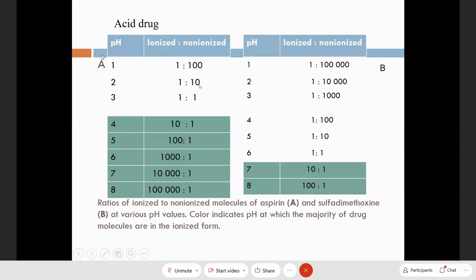Now we are talking about how drugs are transported across membranes. It depends on the rate of ionization. Therefore, it was mentioned that below pH 3 this drug is readily able to penetrate the cell membranes.